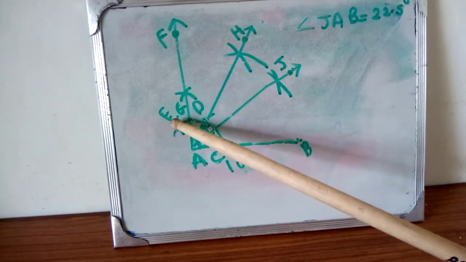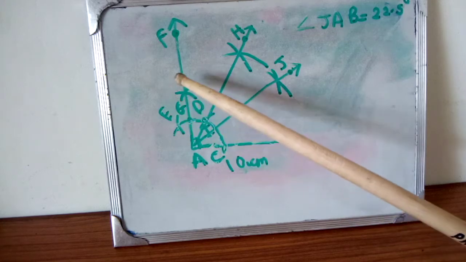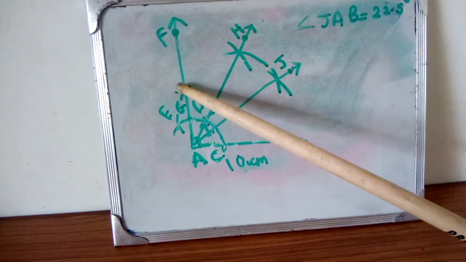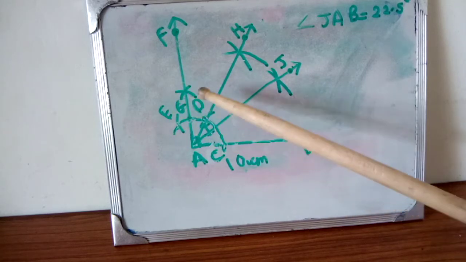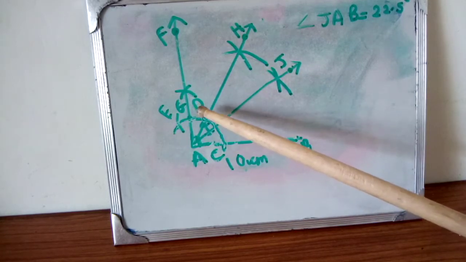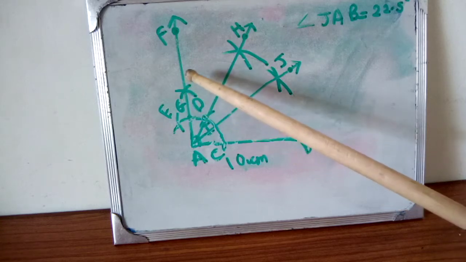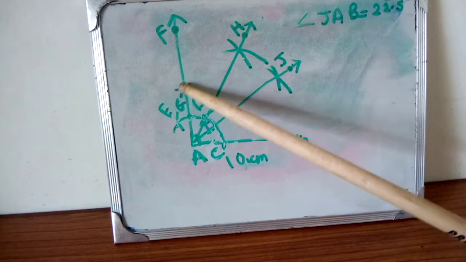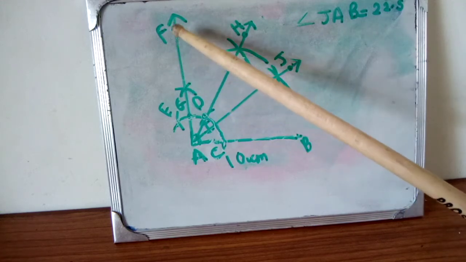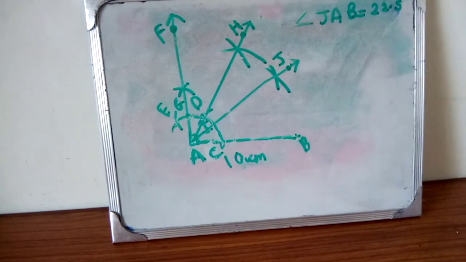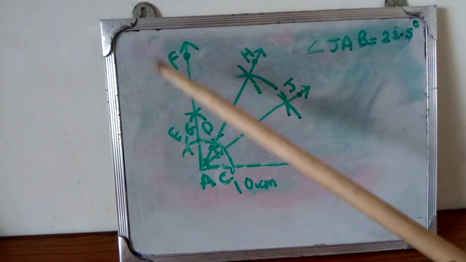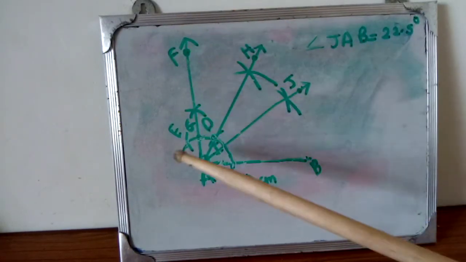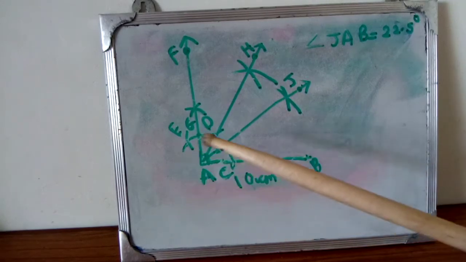Then we kept the compass tip at point E to the same radius to make an arc upwards. Then we had joined this line segment, which is FA. Angle FAB was of 90 degree.